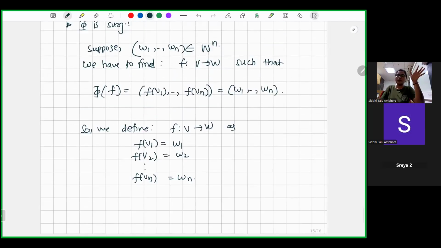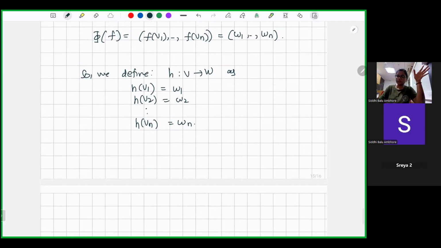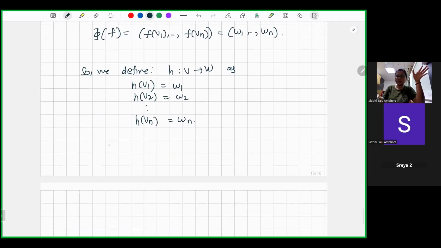Instead of f, we define h such that h from V to W has h of v1 is w1, h of vn is wn.